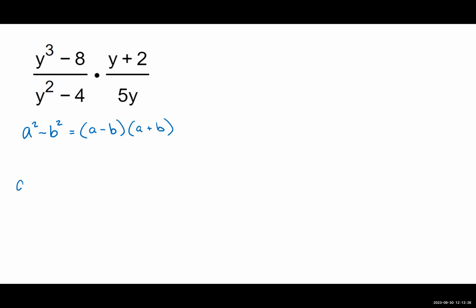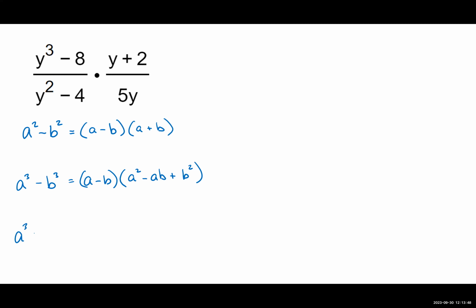Then we've got difference of cubes. A cubed minus B cubed is equal to A minus B multiplied by A squared plus A times B plus B squared. And then we've got the sum of cubes.